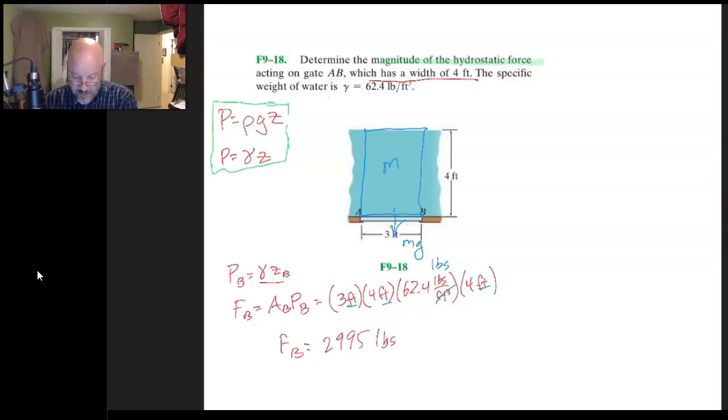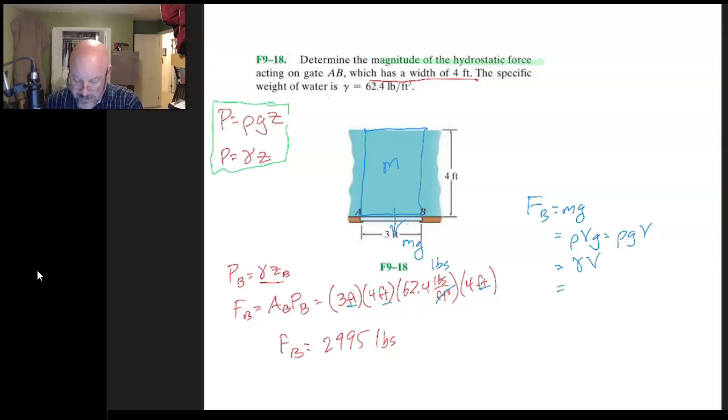So let's think about it that way. My weight, which is going to be my force there at the bottom, is mg, which is my density times my volume times g. Rearrange just a little bit, we get rho g V, and rho g is just my gamma, so I got gamma times V.